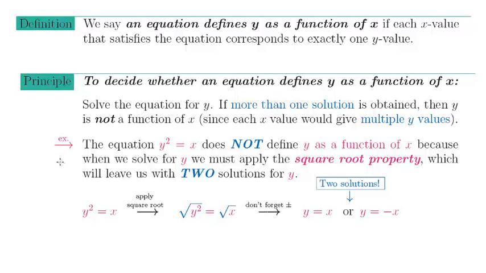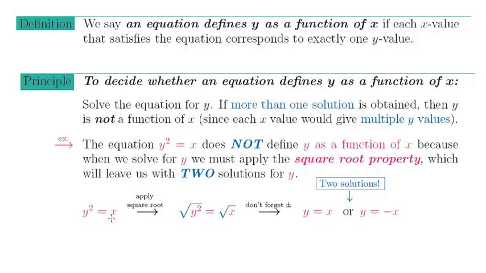The equation y squared equals x does not define y as a function of x. This is because when we solve for y, we have to apply the square root property, right? Y squared equals x, we take the square root of both sides. This leaves us with two solutions for y.